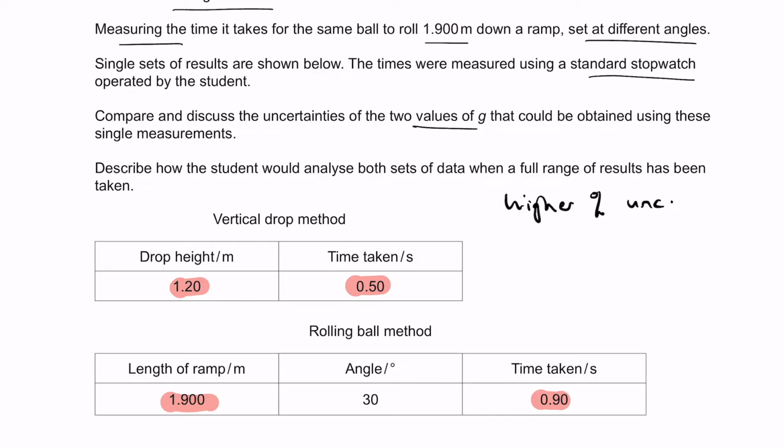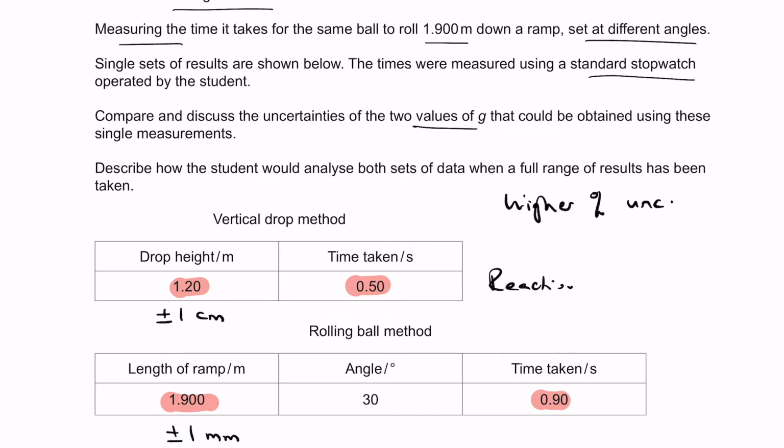In the height, we can say that it's plus or minus 1 centimeter uncertainty, and the length of the ramp is plus or minus 1 millimeter of absolute uncertainty. And in terms of the time taken, it's good resolution on the stopwatch, but there would be a higher uncertainty due to the reaction times.